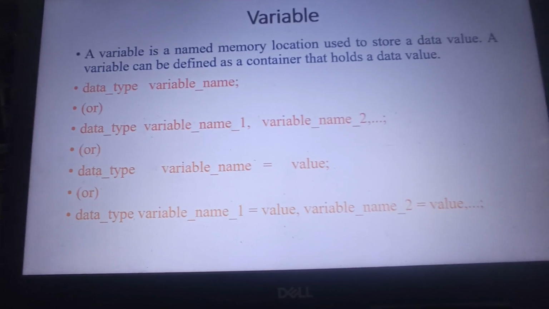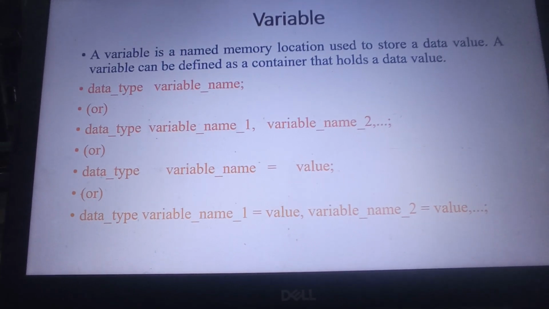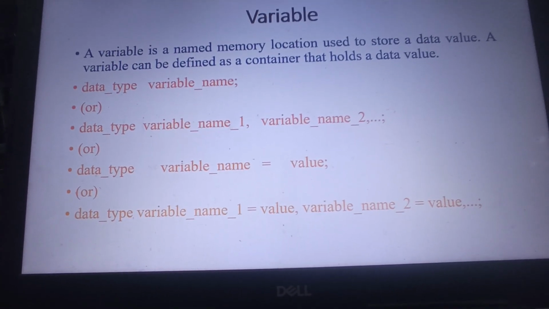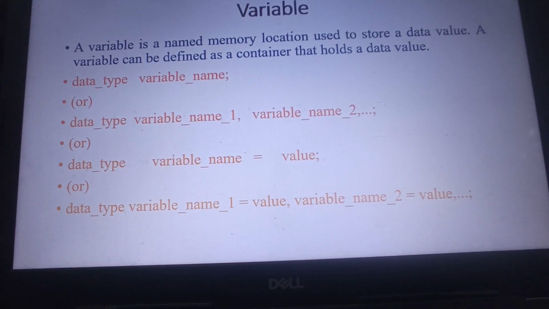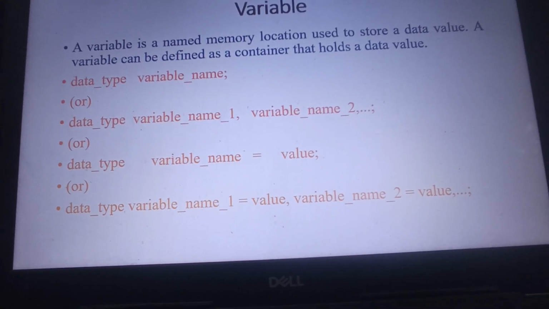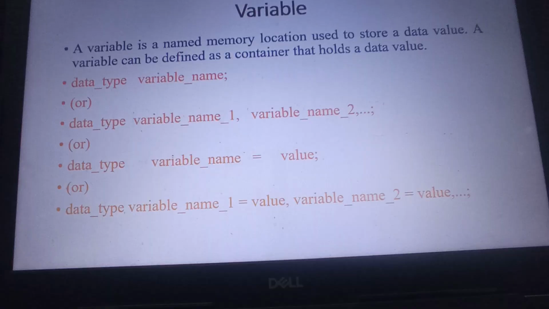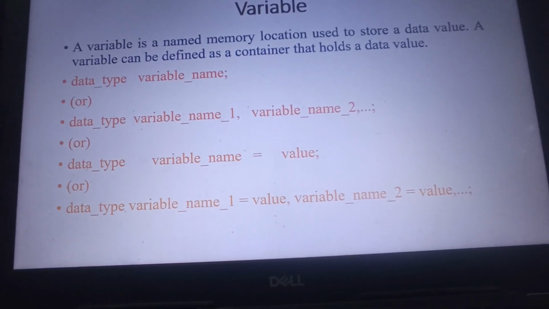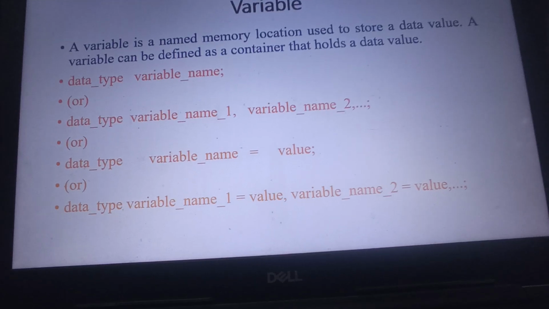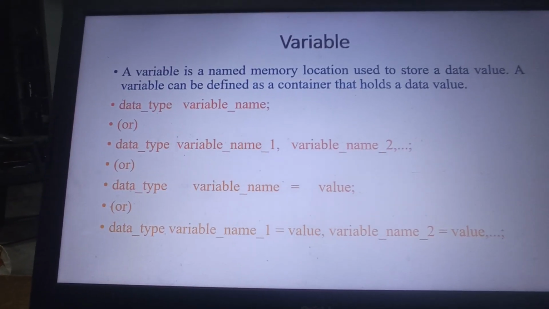Or directly you assign the value also, data type followed by variable name equal to value, or data type space variable name equal to value, comma variable name 2 equal to value, 3 equal to value, like this we are declaring the values. These are the different ways we declare a variable.